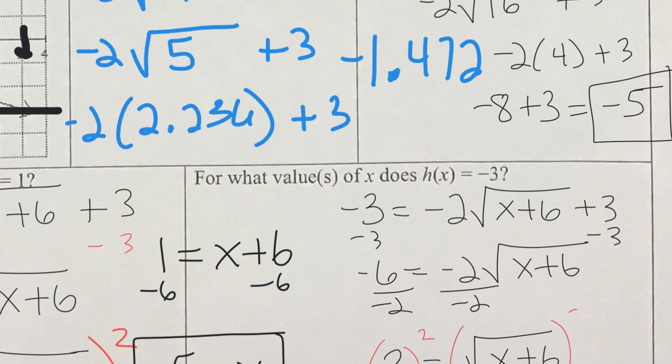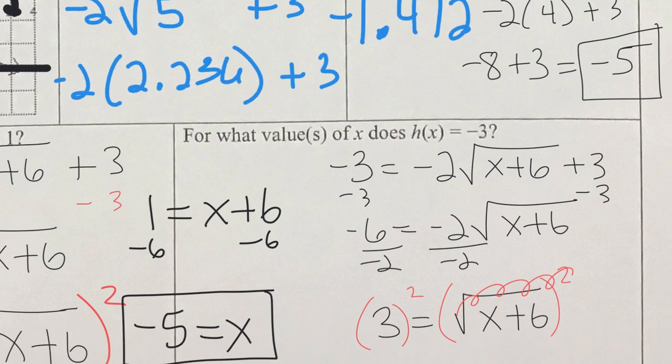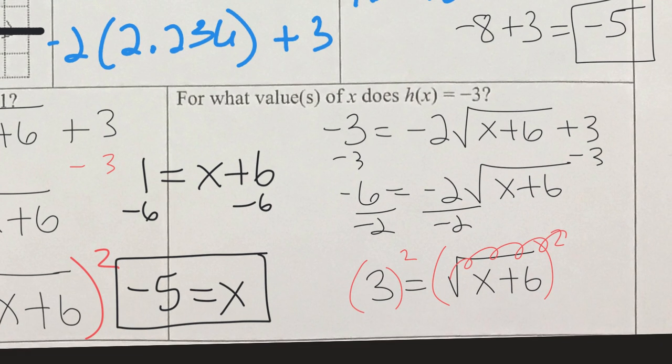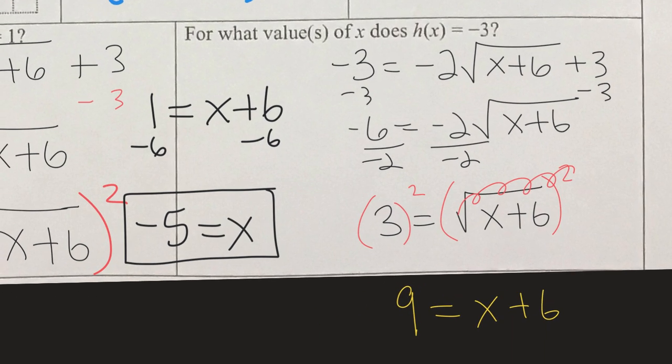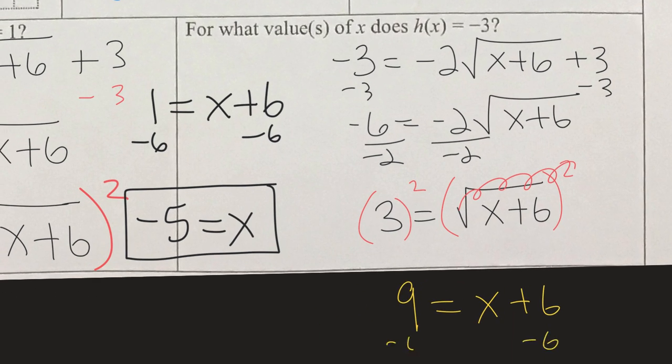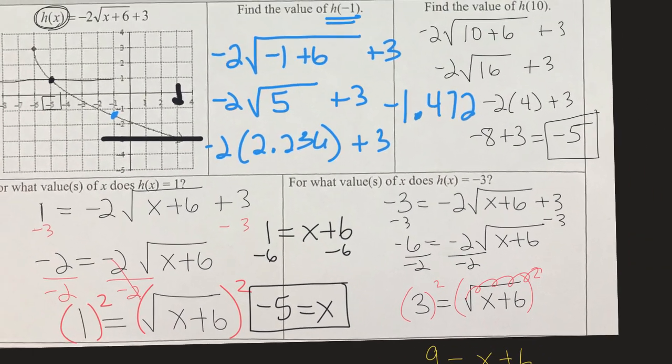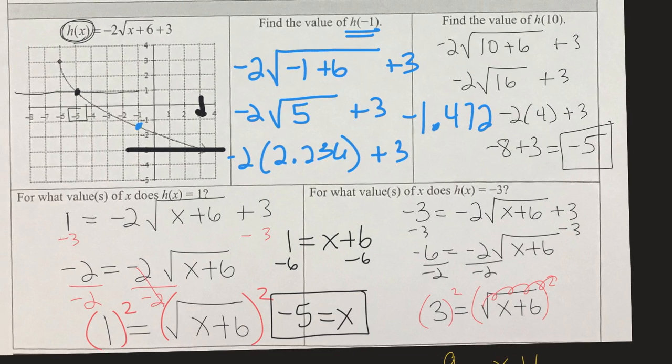Square here, square there. And these undo each other, right? They're inverse operations. So then we have 9 equals x plus 6. And when I subtract 6 from both sides, I get 3, which is exactly what I had thought about looking at the graph, right? The graph says x equals 3.